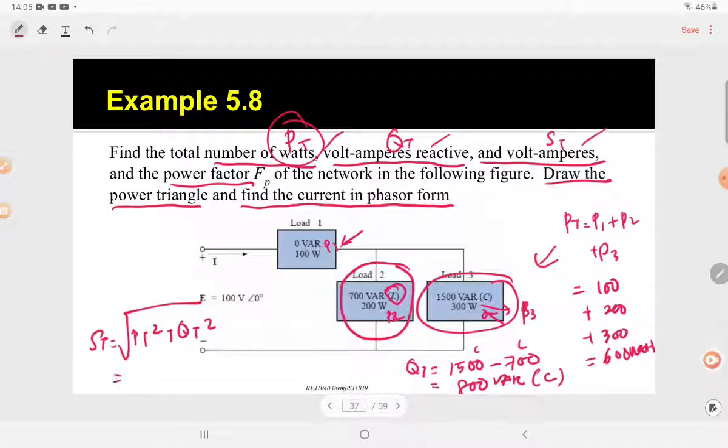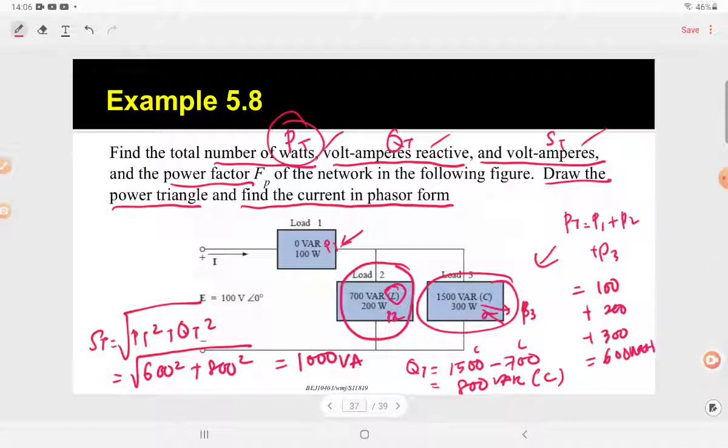So therefore the square root of 600 squared plus 800 squared, the value of this is actually equal to 1000 volt ampere, right?